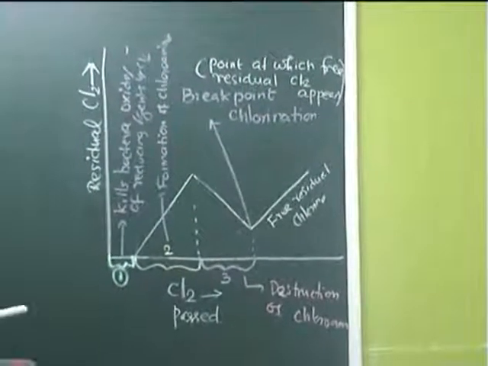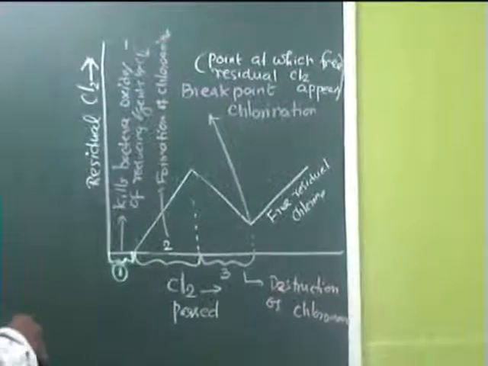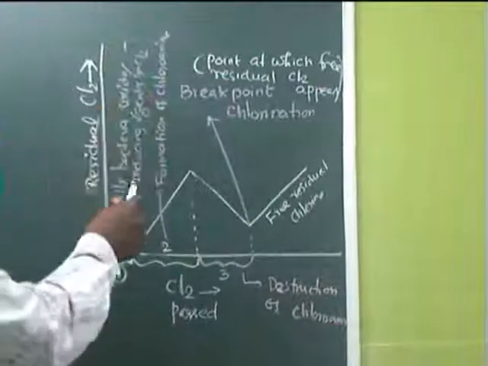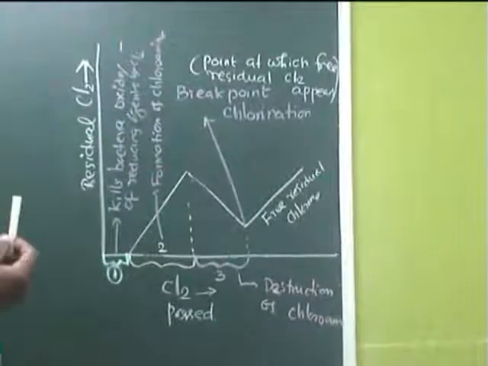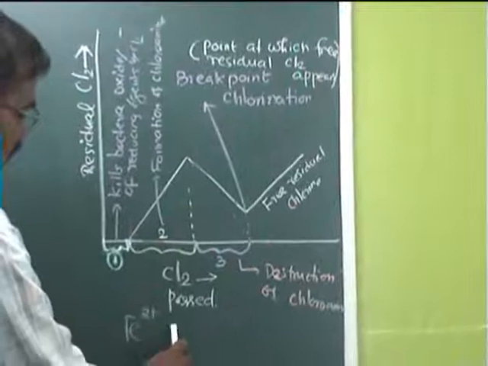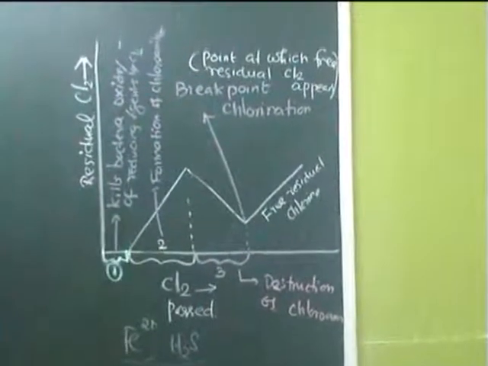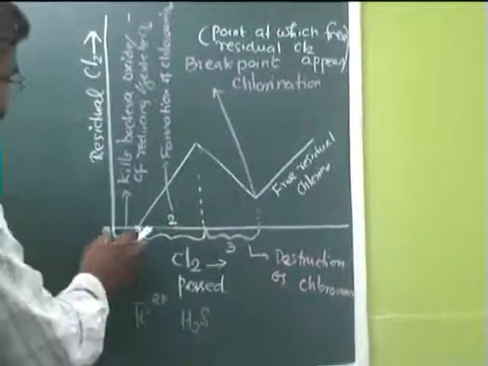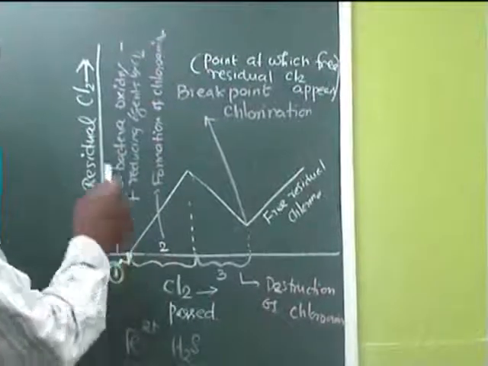That means the chlorine which we passed is completely utilized for killing the bacteria and for the oxidation of reducing agents like Fe2+ and hydrogen sulfide.